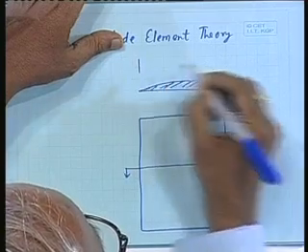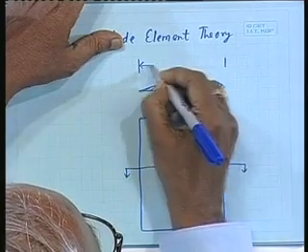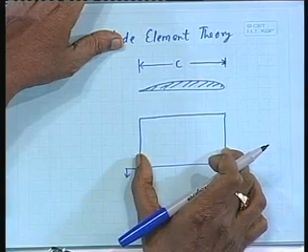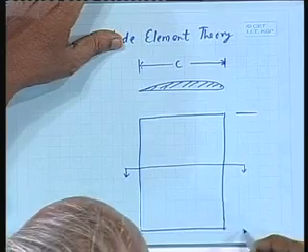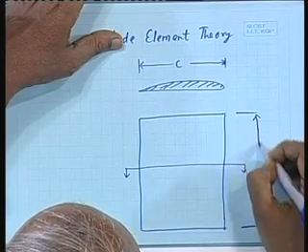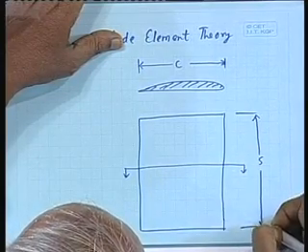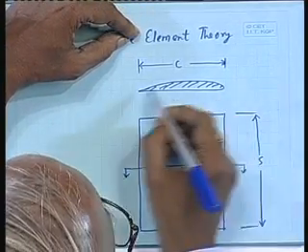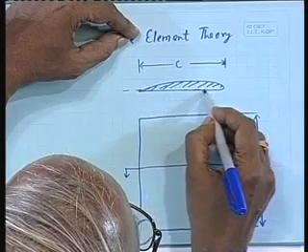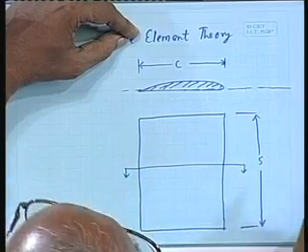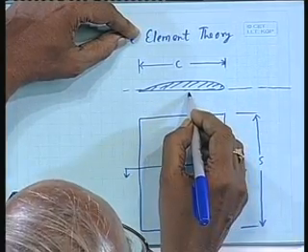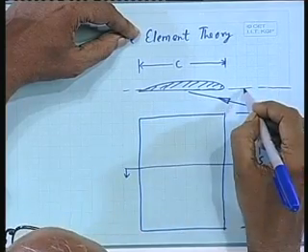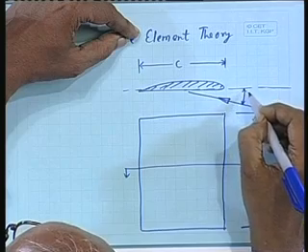So, we can call this chord C, the chord of the aerofoil, that is this, and this is the span of the wing, right. Now, let me call this the baseline of the aerofoil section. If I now have a flow coming onto this aerofoil at an angle, this is my angle of attack alpha.